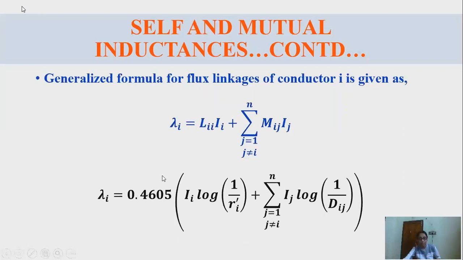And again we can express this as lambda i equals 0.4605 times Ii log 1 by Ri dash, because LII can be represented as 0.4605 log 1 by Ri dash, plus the summation over j from 1 to n, j not equal to i, of Ij log 1 by Dij, where Dij is the distance between the centers of the ith conductor and the jth conductor.